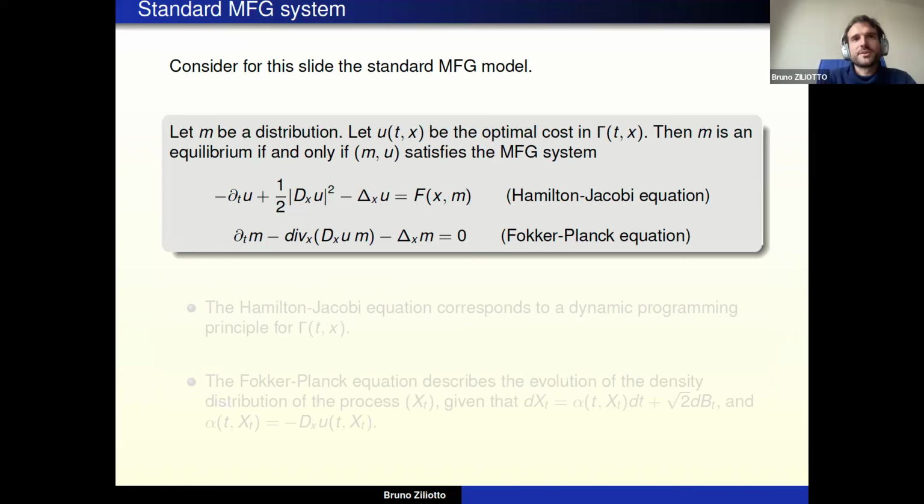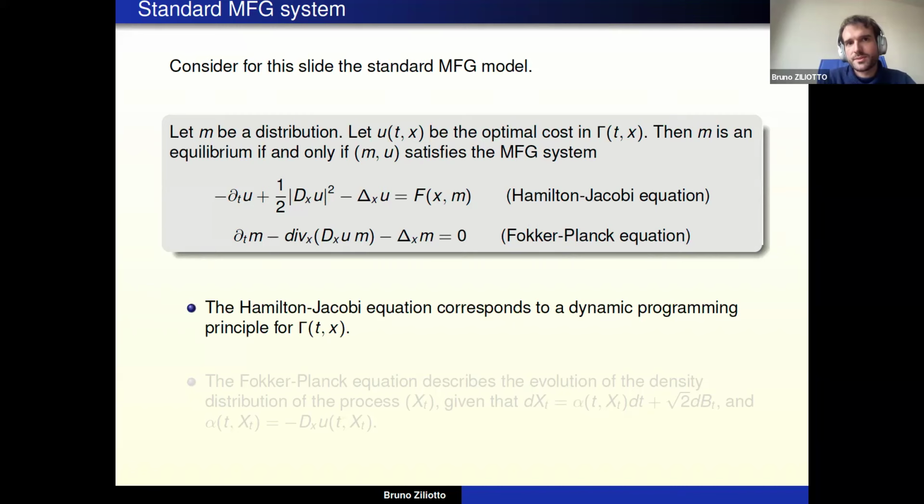You probably all know this, but you can describe it by a couple of PDEs: the Hamilton-Jacobi equation that describes the solution of the optimal control problem of the players, and the Fokker-Planck equation that describes the evolution of the measure of the players when they use the control minus the x-derivative of u, which corresponds to the optimal control in the Hamilton-Jacobi equation.